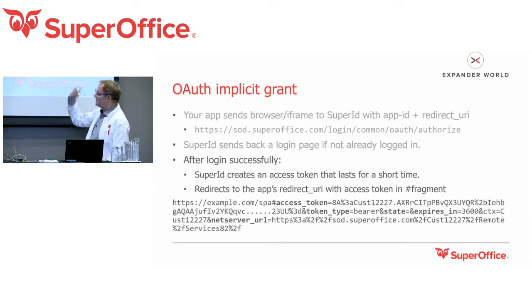SuperID creates an access token that's valid for some amount of time, 30 minutes or something. And then it redirects the browser back to the place that you asked for.